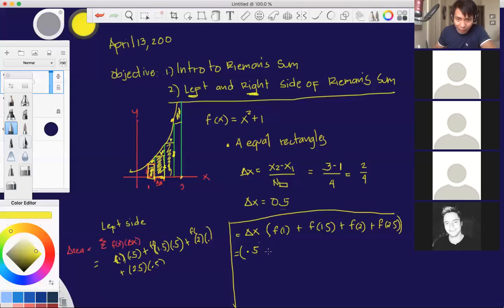And we are now going to solve for our f of 1. Now, guys, remember that f of x is equal to x squared plus 1. So all we need to do is replace your x with a value of 1. So what is f of 1? Ideas?